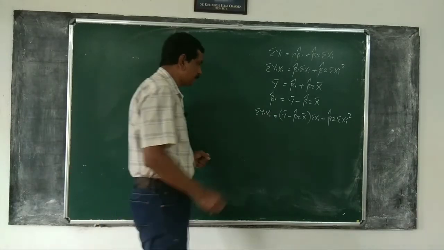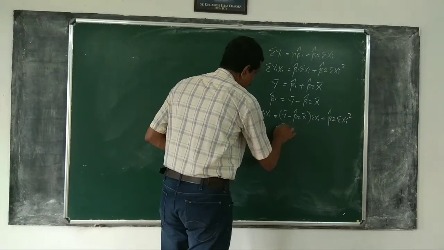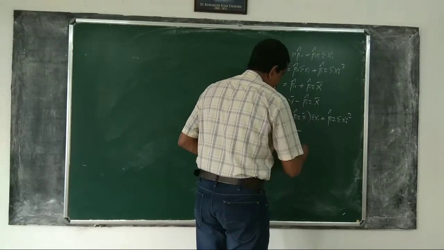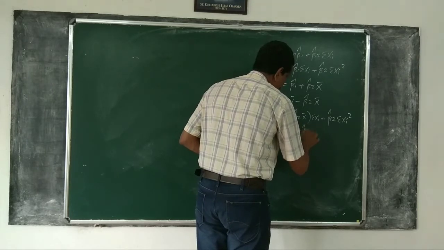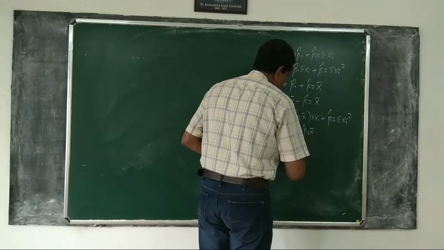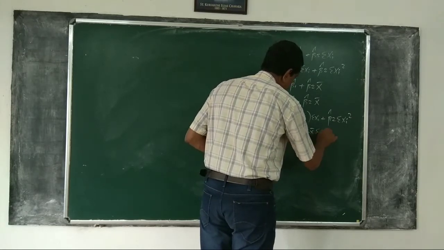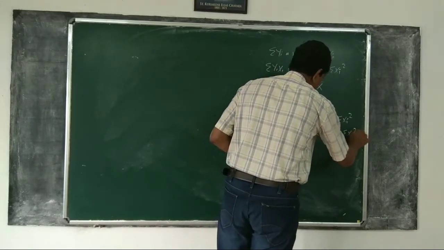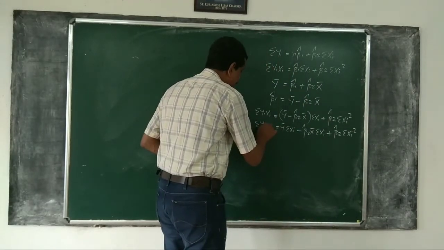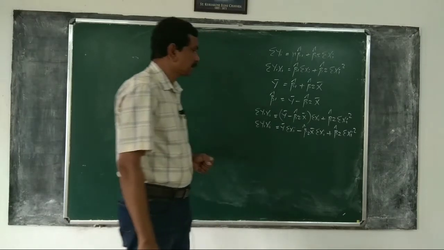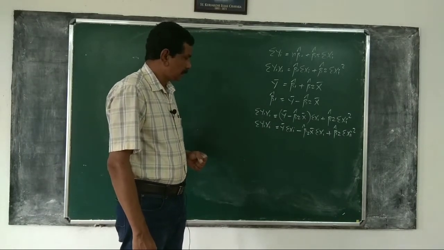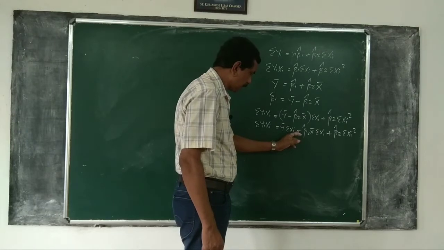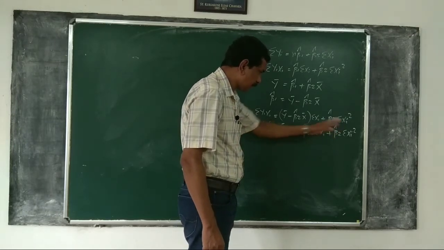Now, expanding this, sigma yi xi equals y bar into sigma xi minus beta 2 hat x bar into sigma xi plus beta 2 hat sigma xi square.